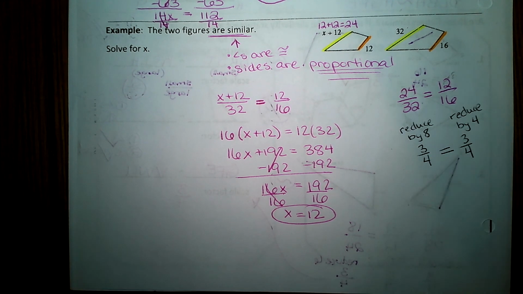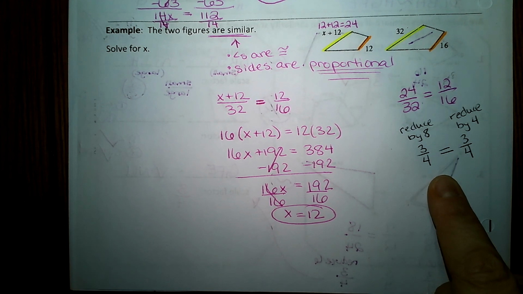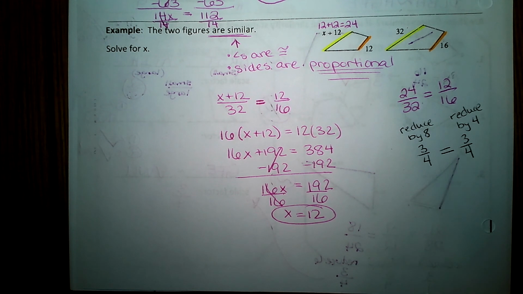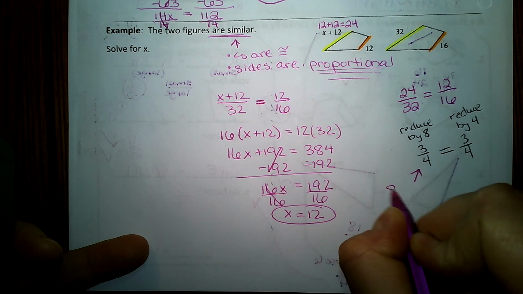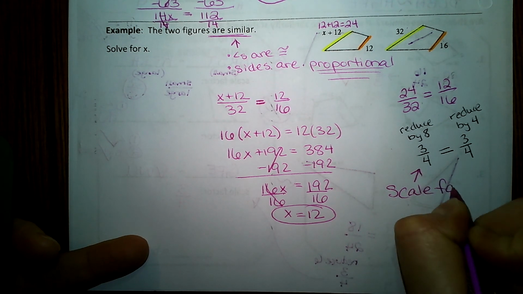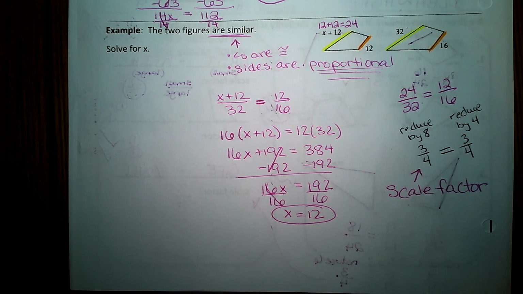Same reduction. So what that means is this is the scale factor, which means the figure on the left is 3/4 the size of the figure on the right. 3/4 its size.